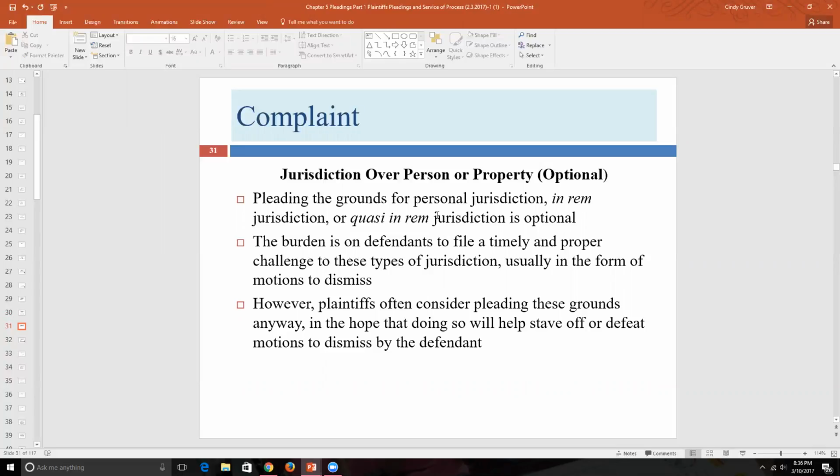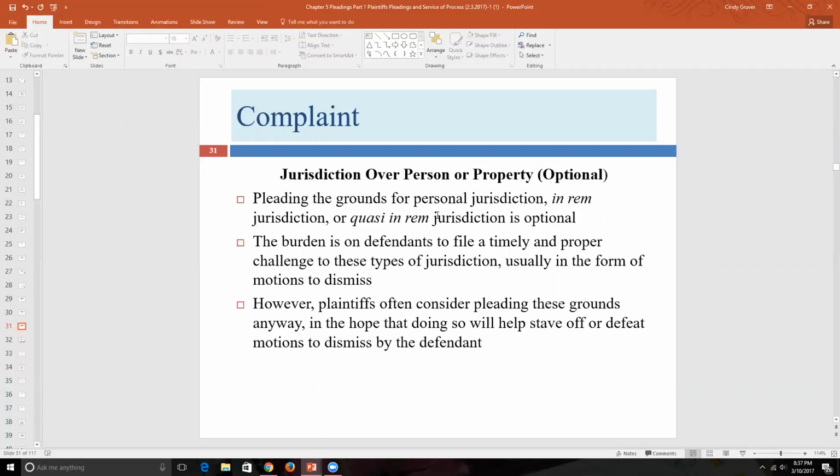We're going to talk a little bit about in personam and quasi in rem jurisdiction here. Obviously, that's not a major focus of this class, but just in the interest of being complete, we're going to touch on this briefly. Pleading the grounds for personal jurisdiction, in rem jurisdiction, or quasi in rem jurisdiction is optional. You don't have to list that basis. As you can see in Mr. Jackson's lawsuit, he doesn't say why the court has personal jurisdiction over Frisco ISD.